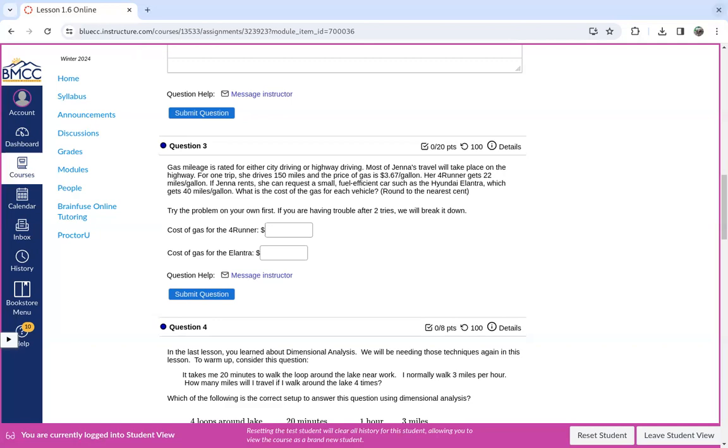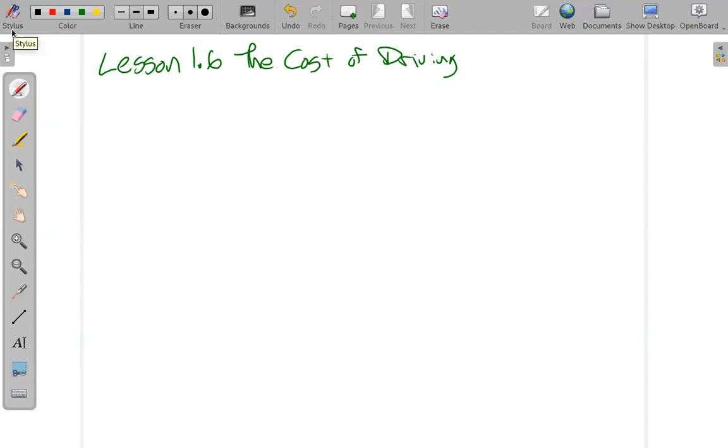Notebook. So what do we got here? Putting my notes up here for you. We have her 4Runner. And hopefully you wrote down that that is 22 miles per gallon. And we have the Hyundai, something like that.